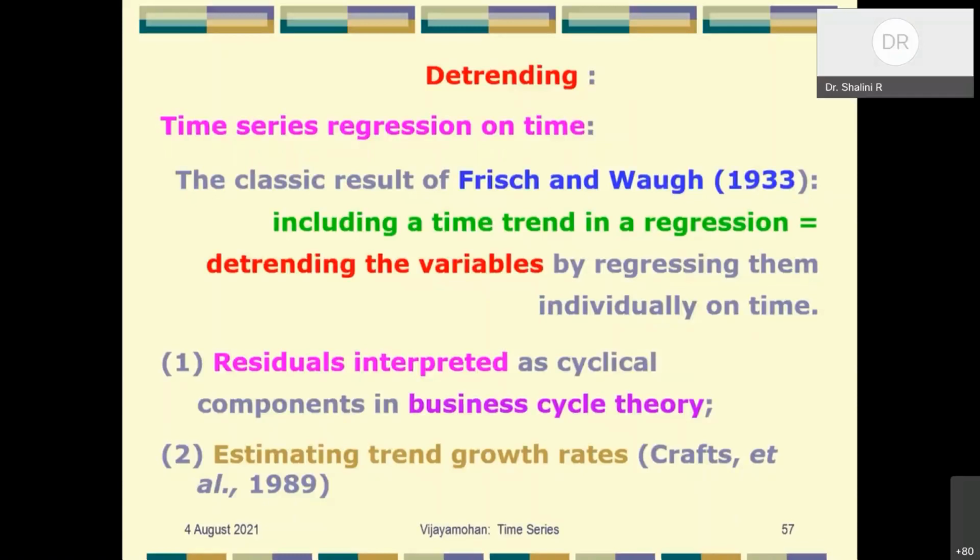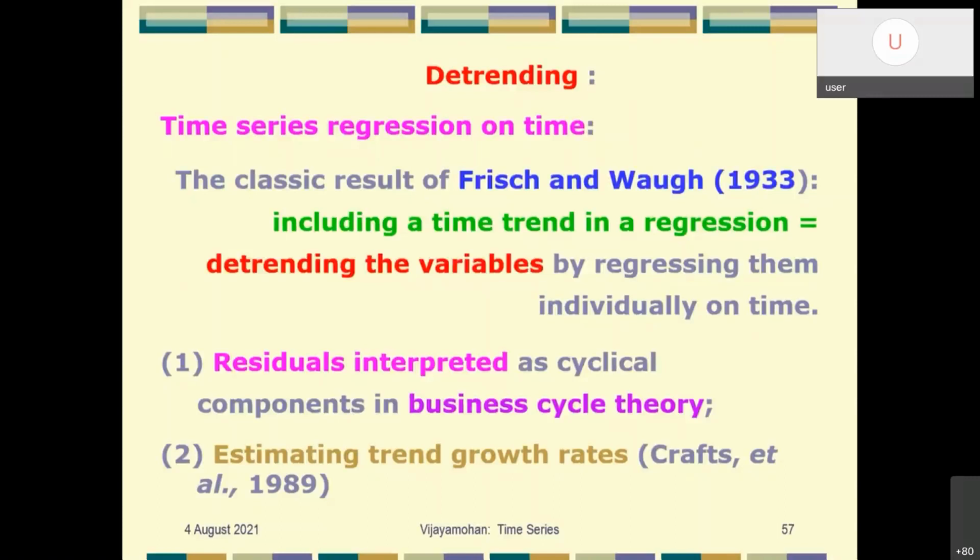Sir, can you please repeat the question? Yes. The question is, suppose we have consumption and income in value terms. We are fitting a regression, but this is over time. We have time series data. And we know that in a time series regression, we should use deflated series only.